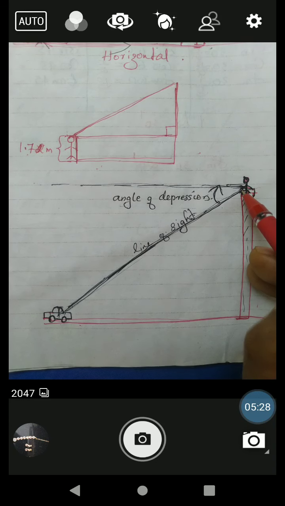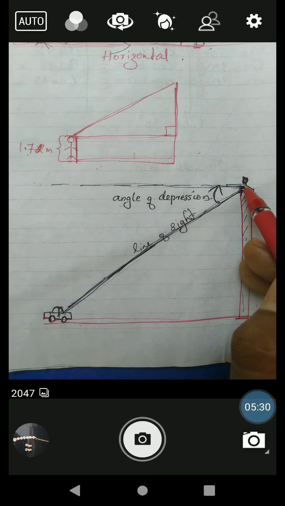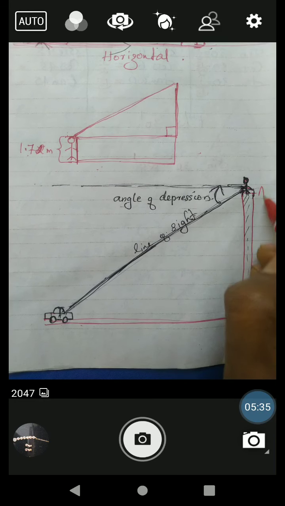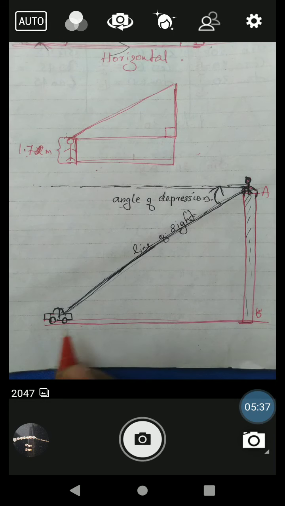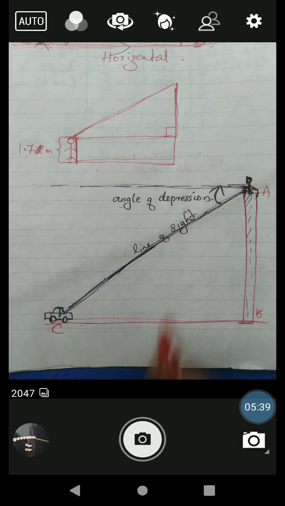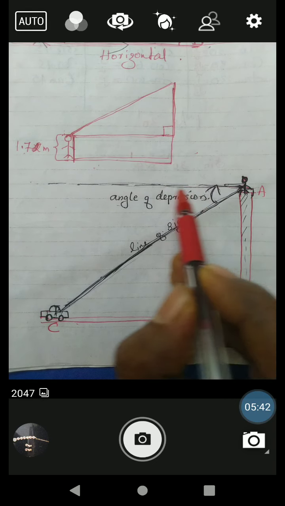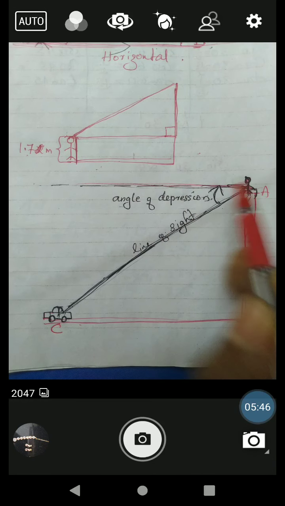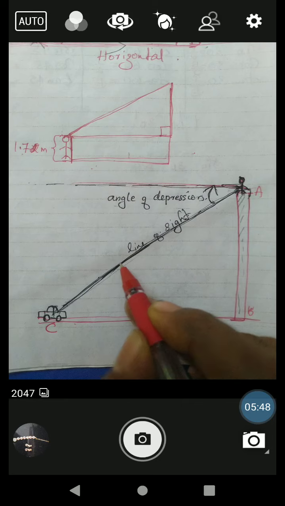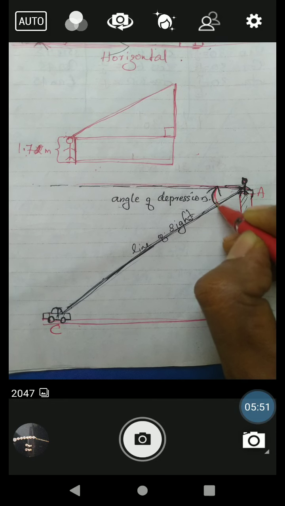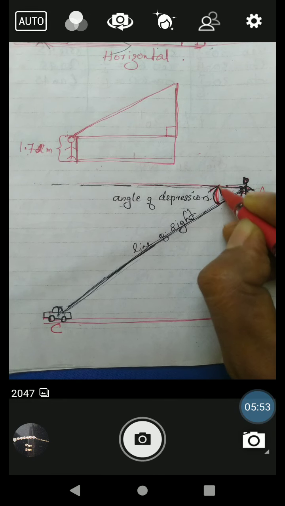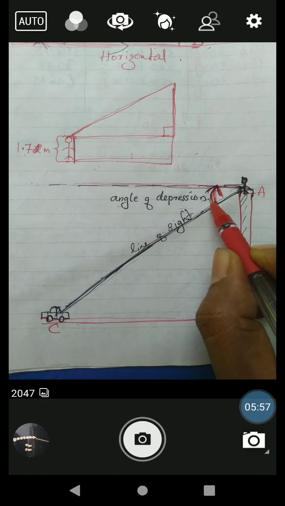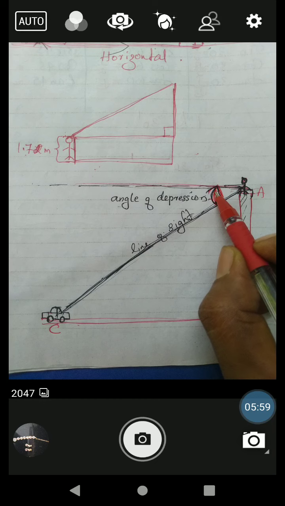AB is the tower and the position of the car is at C, and this is the horizontal line. This is the line of sight, and an angle is formed here, and this angle is known as the angle of depression.